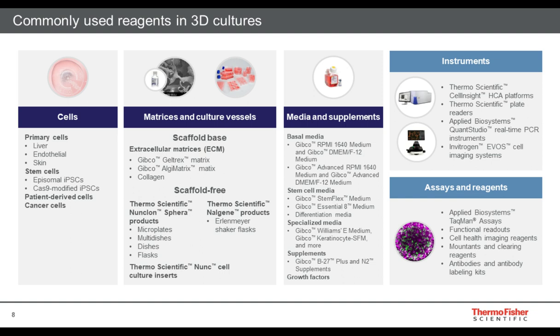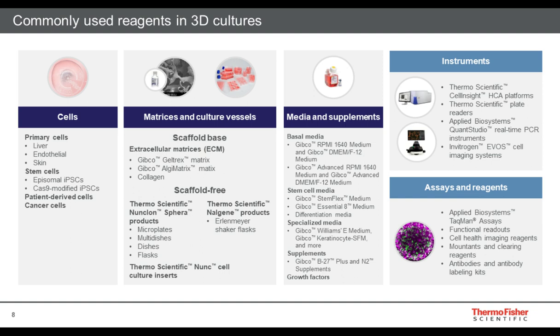Many of the culture vessels and matrices that you're already familiar with are also used in these workflows. These include matrices such as Geltrex, which is essentially a basement membrane-like extract that's used as an extracellular matrix mimic. Or there are other scaffolds, such as the AlgiMatrix matrix that Gibco currently offers, as well as other things like collagen.